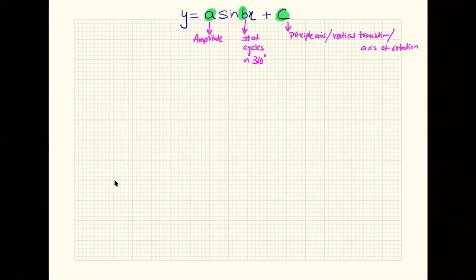And A stands for the amplitude. So the example could be y = 2 sin(2x) + 5. Now, in this equation, 2 is the amplitude. This is the value of B.